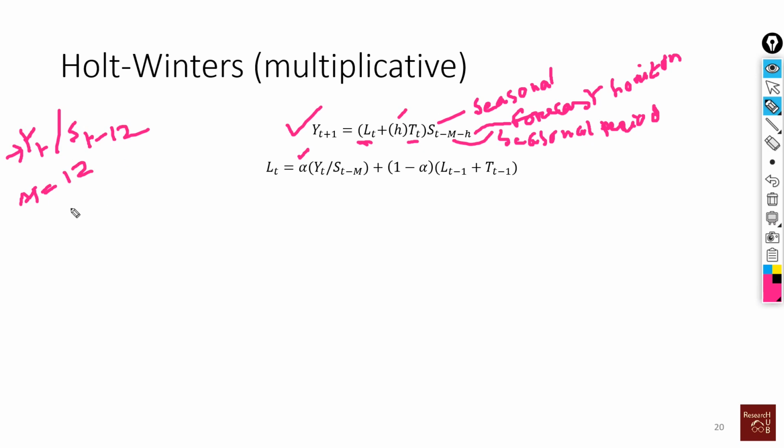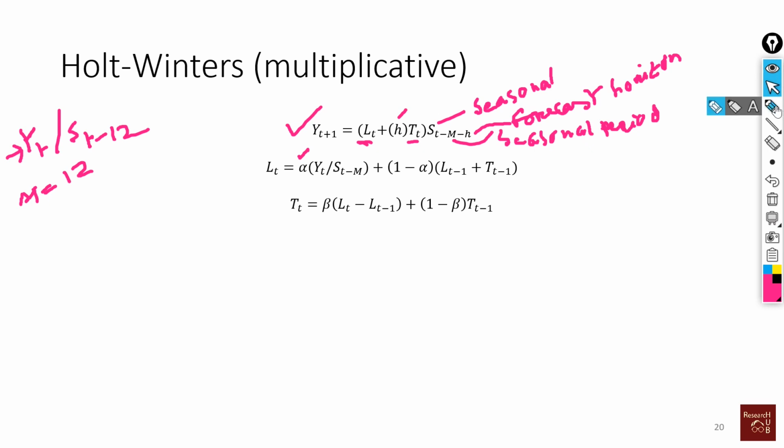That's how this seasonal component works. And then plus (1 minus alpha) times L_{t-1}, the previous level value, plus the previous trend value, T_{t-1}.